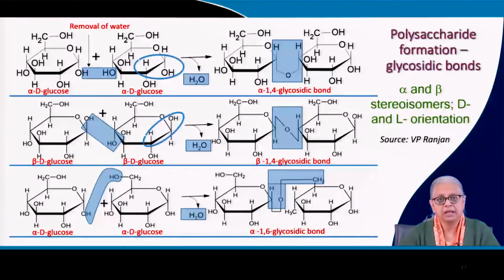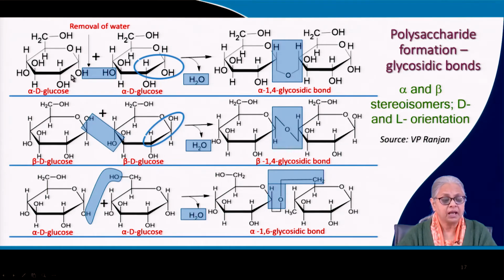So here we have the formation of polysaccharides. Now, how do these polymers of sugars form? There are three basic bonds. These are all glycosidic bonds. Glucose molecules will bond together in different ways. There are three types of glycosidic bonds shown in this slide.